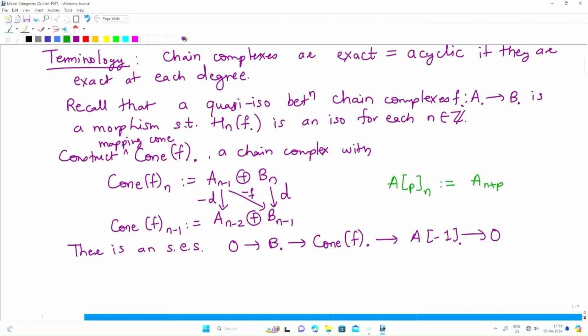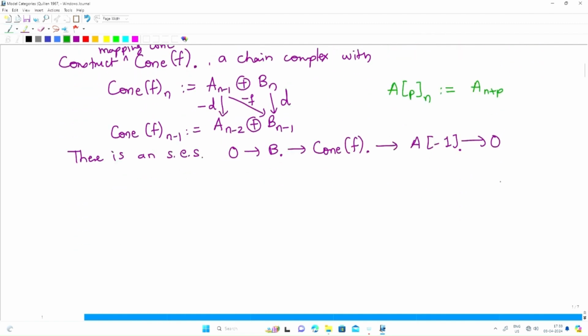But there is a short exact sequence, and that allows you to embed all the homology groups of A dot and B dot in a long exact sequence. You remember that if there is a short exact sequence, then you can get a long exact sequence of homologies. That yields a long exact sequence which is going to be like this.